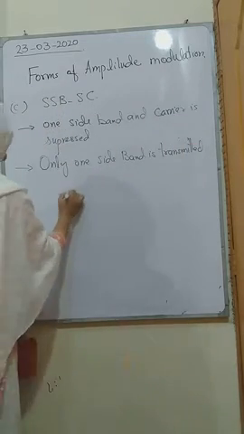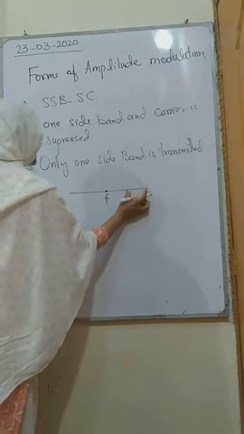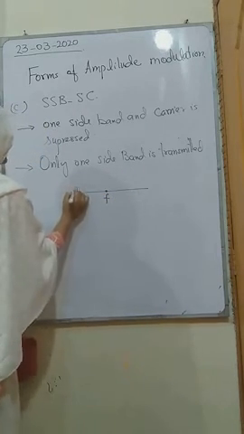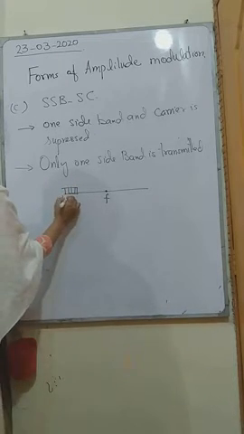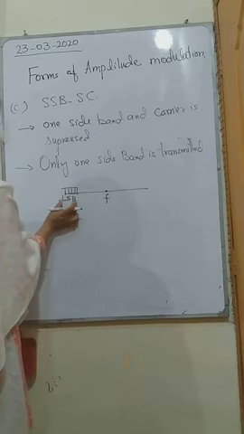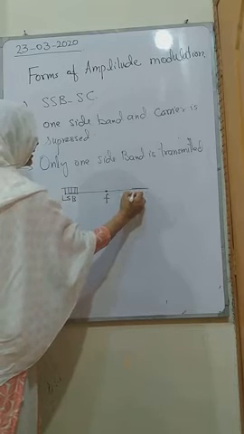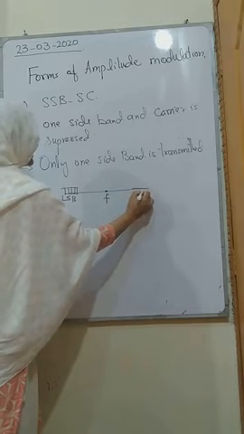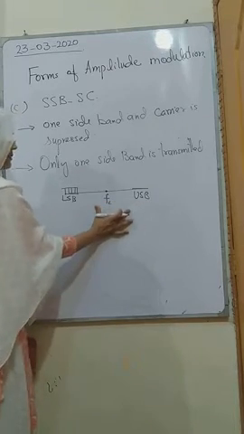From the figure we can see that this is the carrier wave, this is the upper sideband and this is the lower sideband. Only the lower sideband is transmitted from one place to another with the help of an antenna. The upper sideband and the carrier wave frequency are both suppressed.